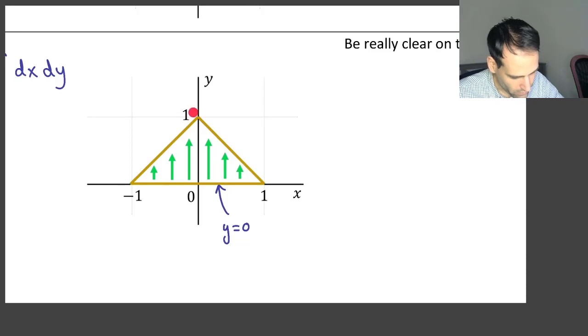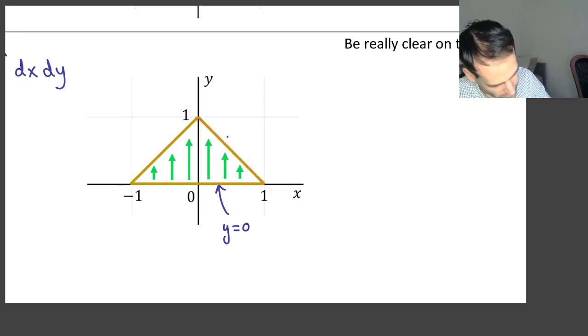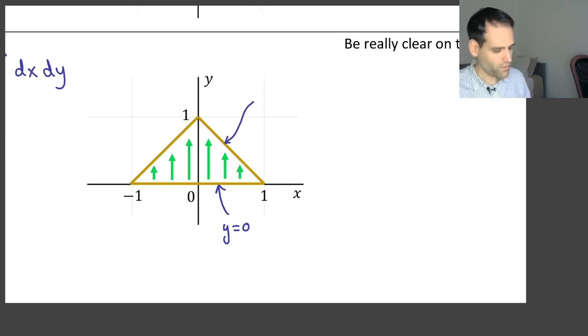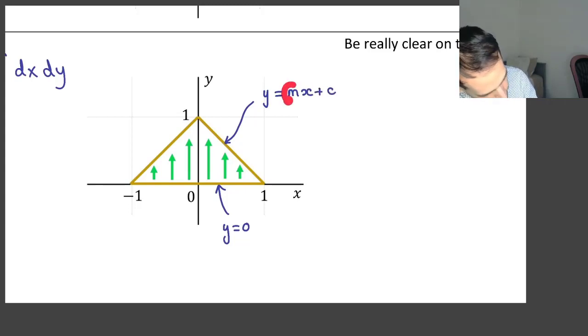Now let's think about this line here. Okay, what is the equation of this line? There are many ways to find out, but my preferred way is to say that this is the equation of a straight line. So you can always write it as y equals m times x plus c, where m is the slope and c is the intercept. Okay, so what is the slope of this line?